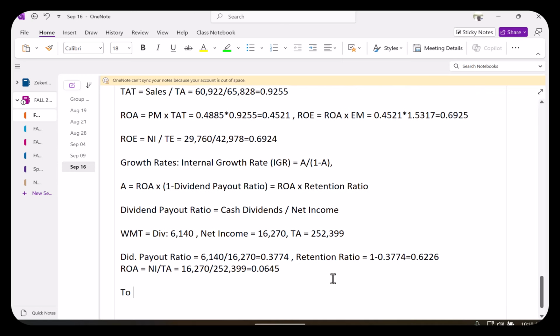So to calculate IGR, first calculate A, which is ROA times retention.